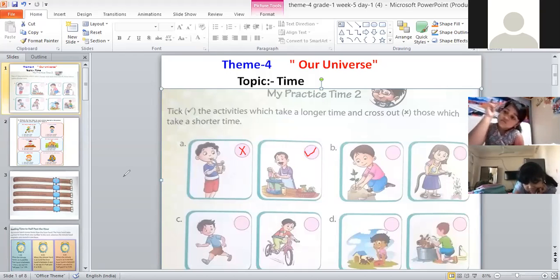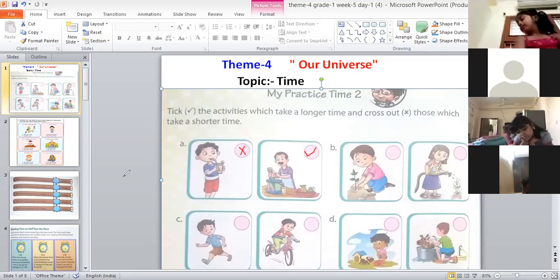Ashwita, please unmute yourself and tell me what is there in the second question. Two pictures are there. Tell me what they are doing. Boy is planting a plant. Okay. And in second picture? Girl is watering a plant.